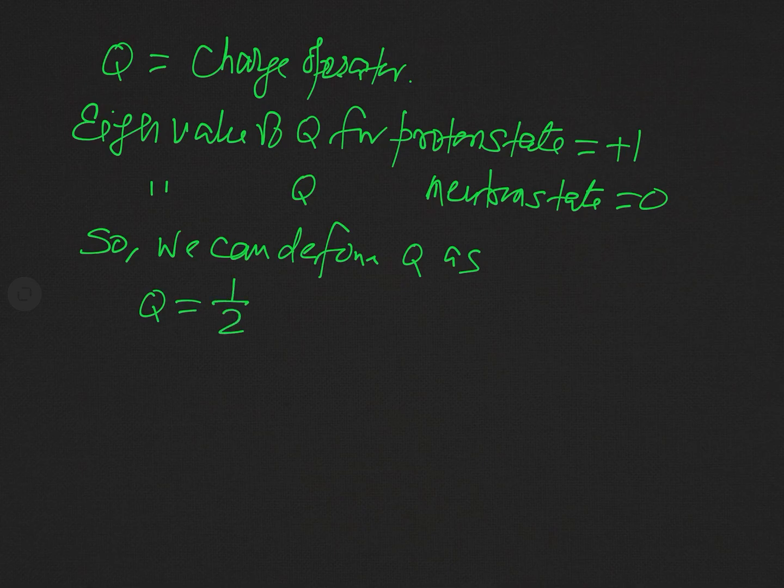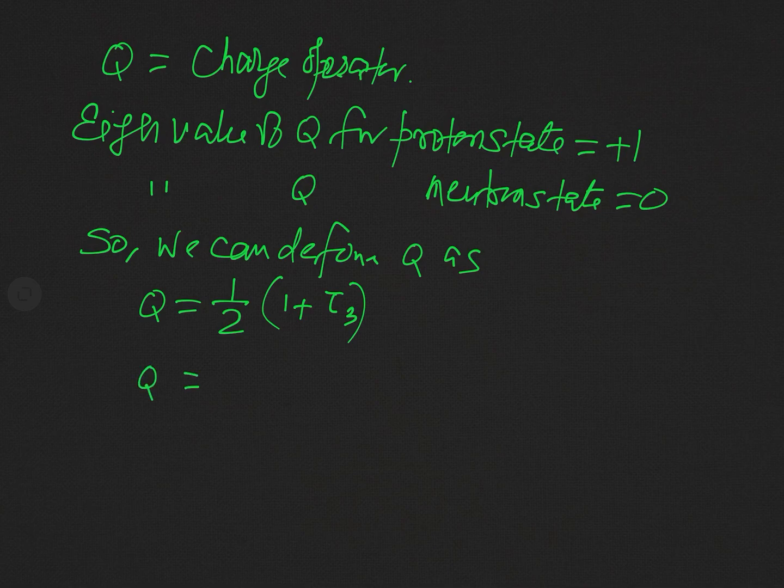So this Q is defined as 1 over 2 into 1 plus tau 3.